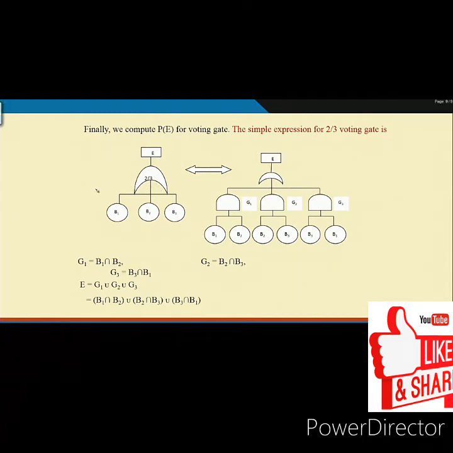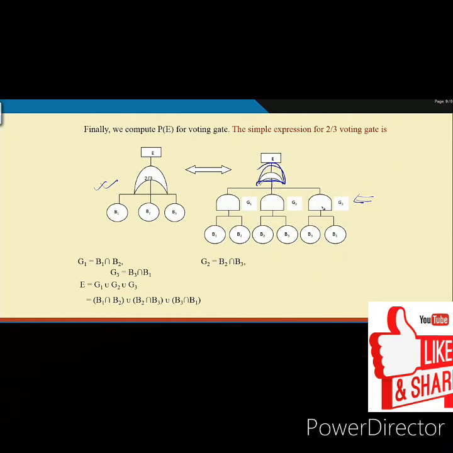First, this 2 by 3 voting gate is represented by an equivalent OR and AND gate. If 2 out of 3 occur, the top event will occur. So, if B1 B2 occur, the top event will occur; if B2 B3 occur, or B3 B1 occur, the top event will occur.